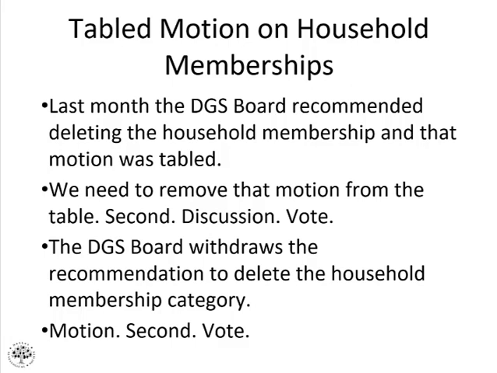That means if we vote for removing the recommendation, the household membership category will stay in place and be available. So I now need a motion to remove the motion to delete the household membership category.